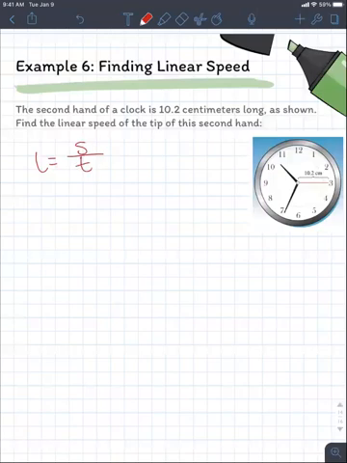So how could you figure out what the angle is in this case? Could you make an educated guess?